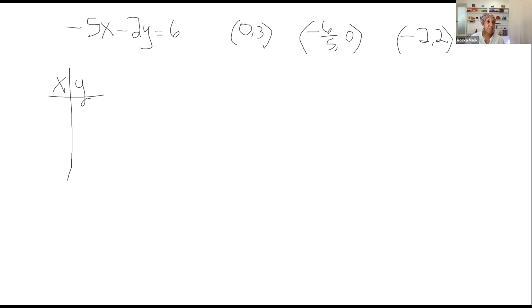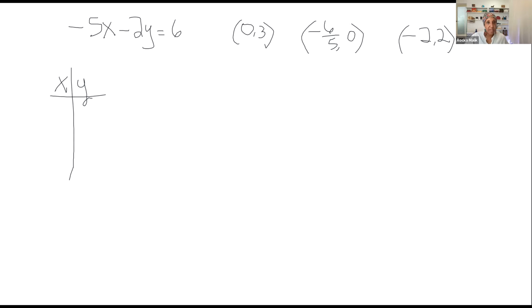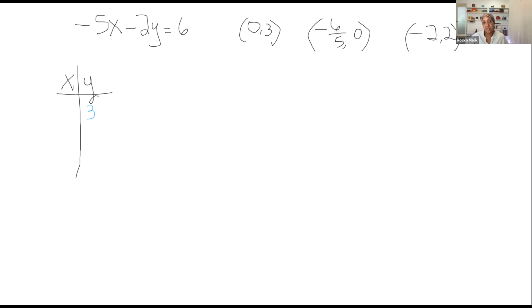It's just your preference. So in this one, when y is 3, we'll see what we get for x. So x will stay the same. Minus 2 times 3. So I have minus 5x minus 6 equals 6.